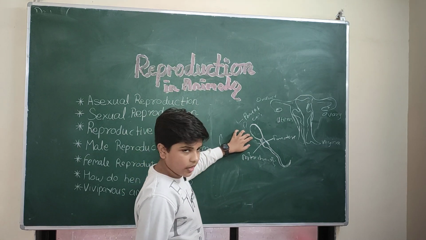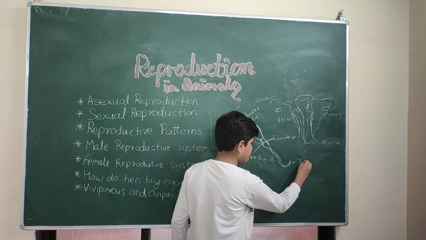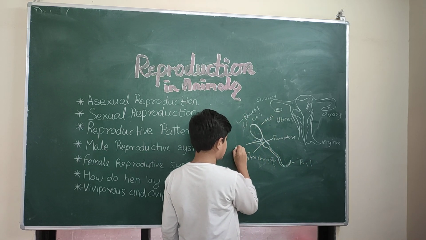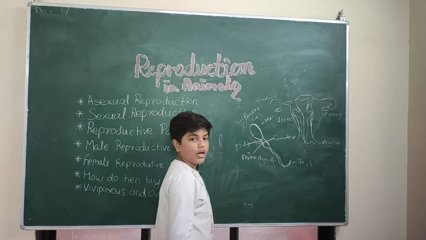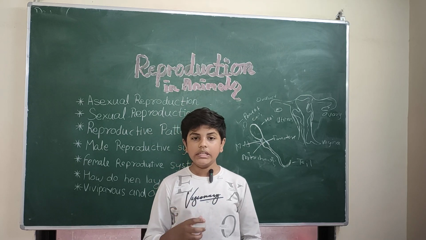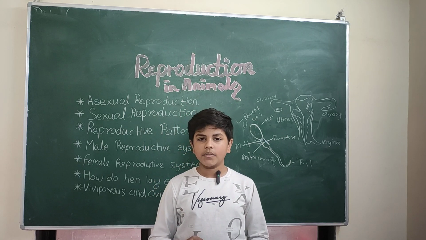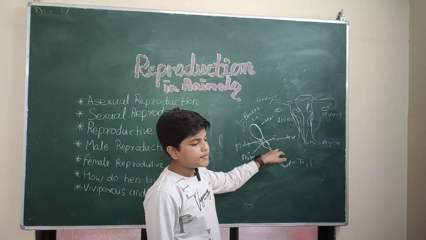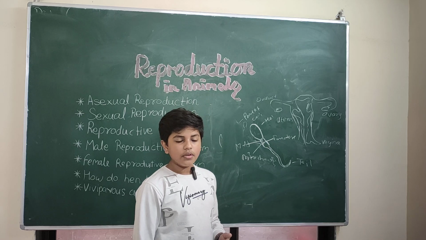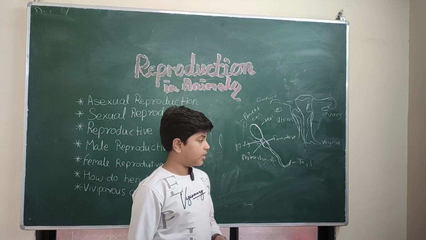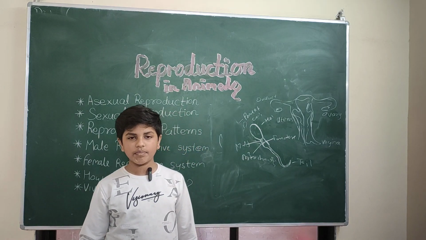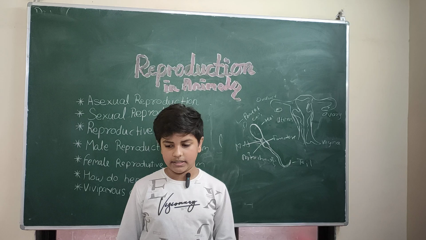This is the head of the sperm. This is the tail, this is the head, and this is the middle piece. These sperms come from the urethra when the penis gets erect, and this fructose helps the sperm to swim and come out. At the time of reproduction, the penis gets erect and the sperms come out from the urethra, and the reproduction takes place.